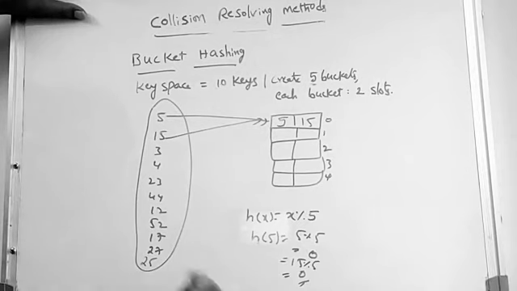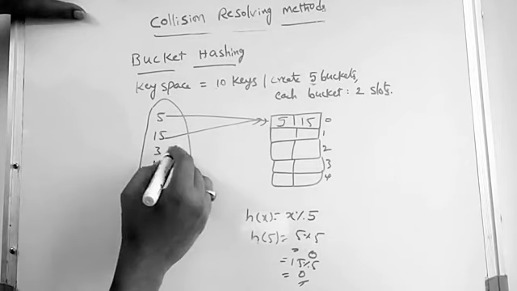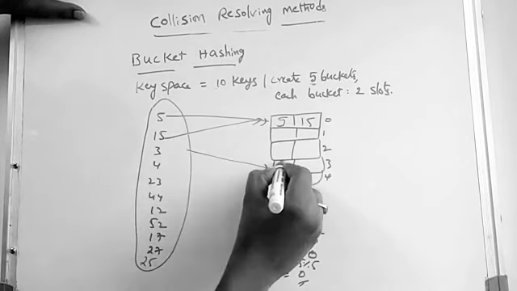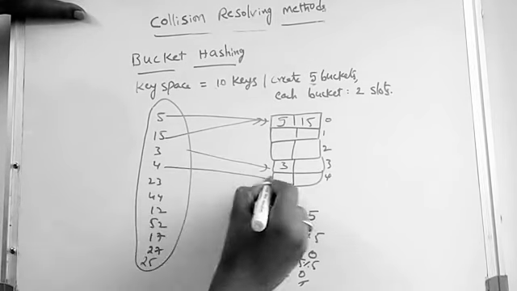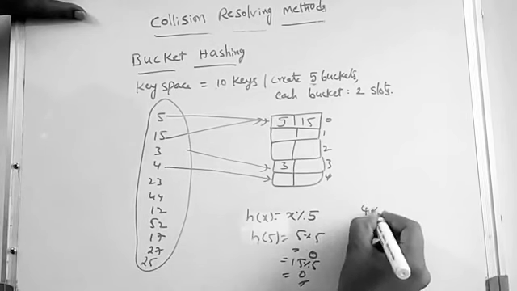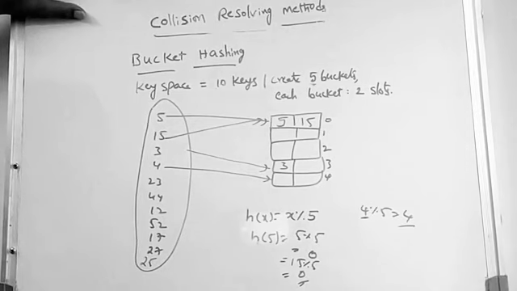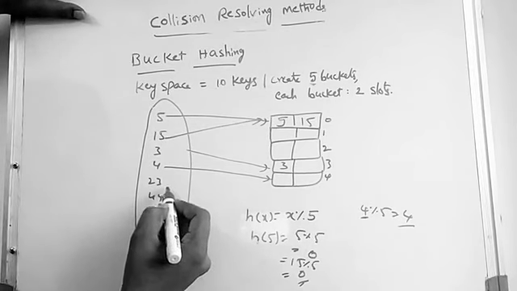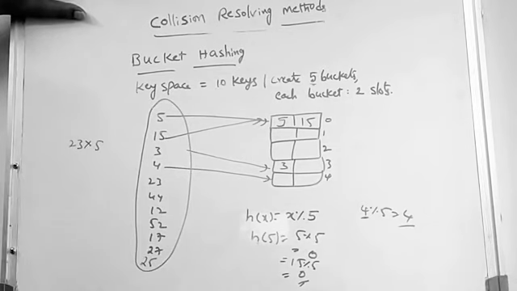Next 3 mod 5: the value is less than the mod value, so it can be stored at index 3. Next 4 is also less, 4 mod 5, the result is only 4. 23 mod 5, what is the remainder? 23 mod 5, remainder is 3.